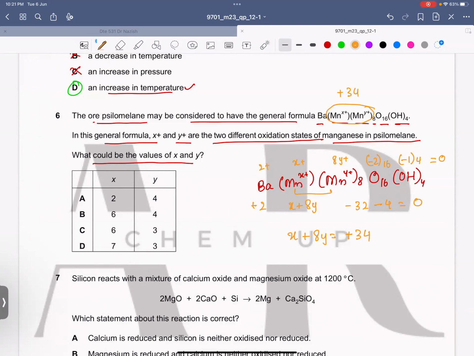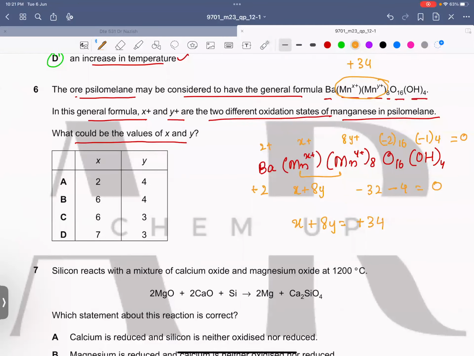You have to figure out the values of X and Y. If you work on A, X is positive 2 and Y is positive 4.